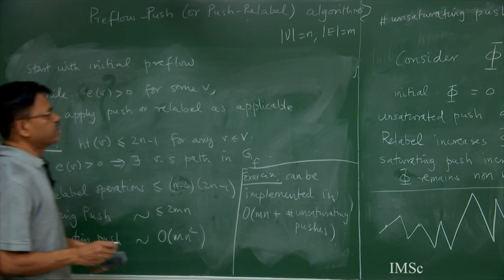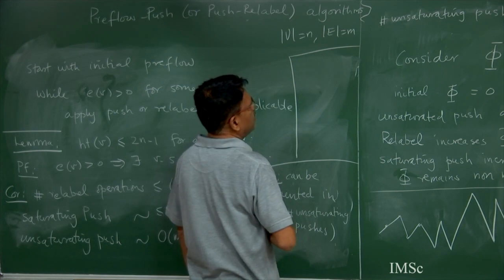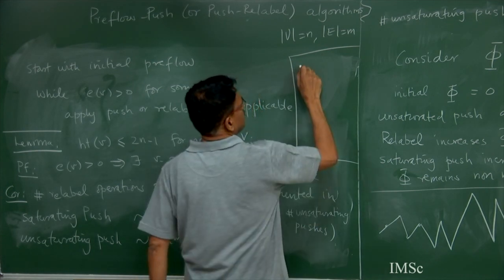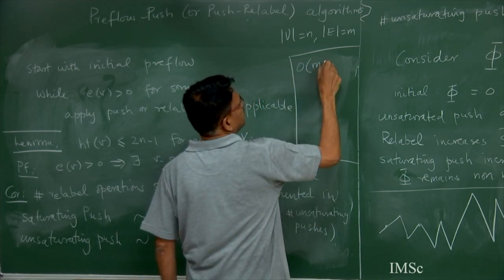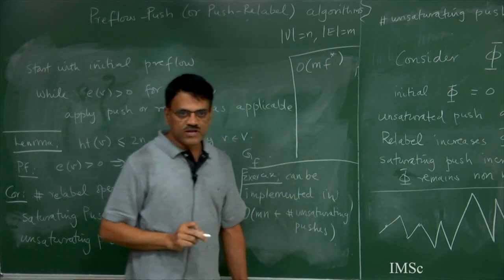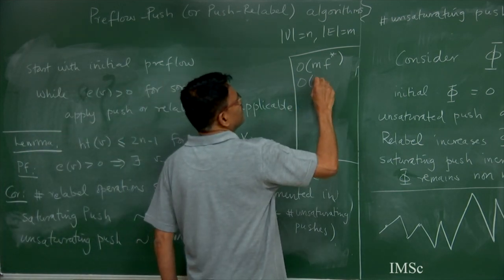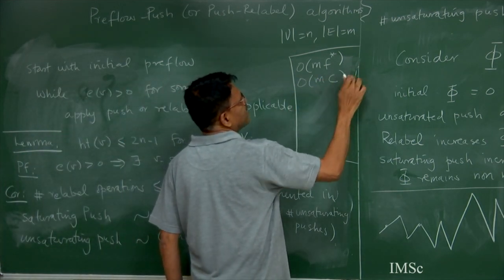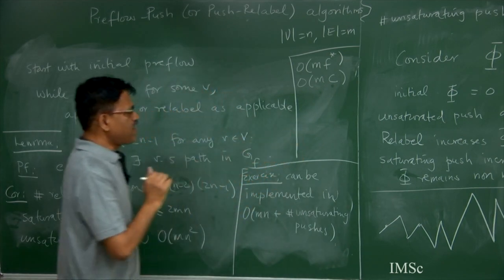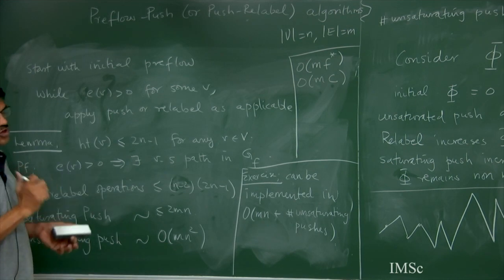Okay, and what was our progression of the running time of the Ford-Fulkerson algorithm? The first algorithm was something like m times f star, right? If f star is the maximum flow. Then we said, if you want to bound by something like the input, if you sum the capacities of edges going out of S, call it capital C, then that's a bound for the max flow.